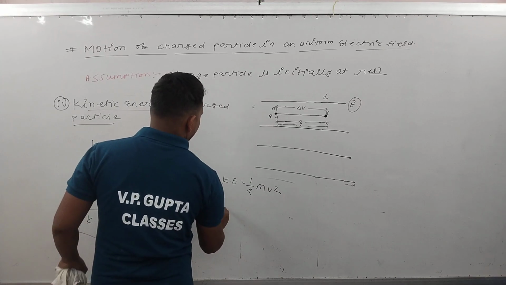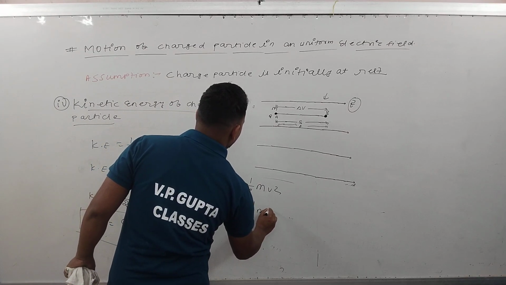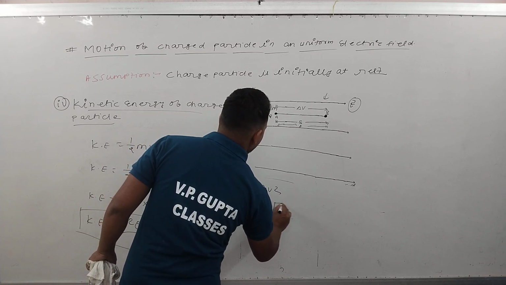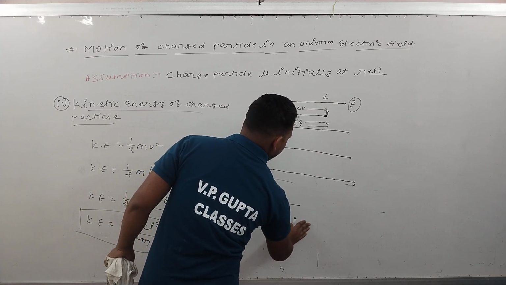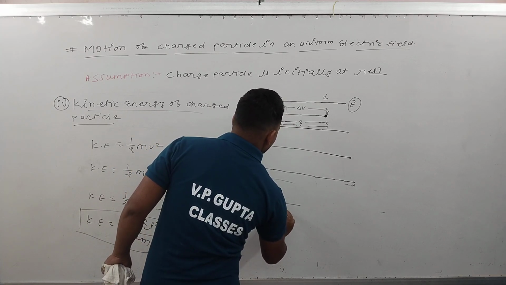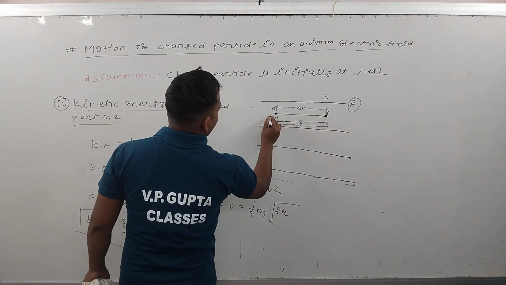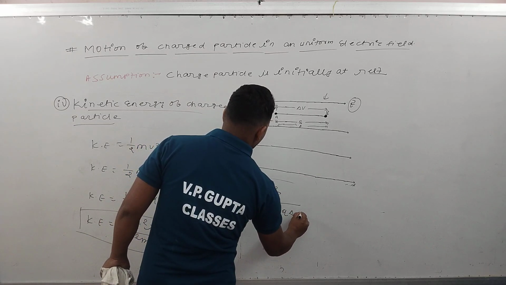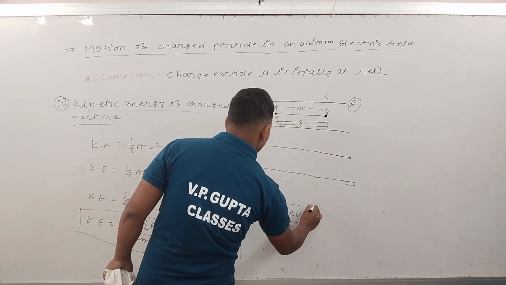Now kinetic energy is equal to half m, and in place of v, under root 2q del V by m, whole square.